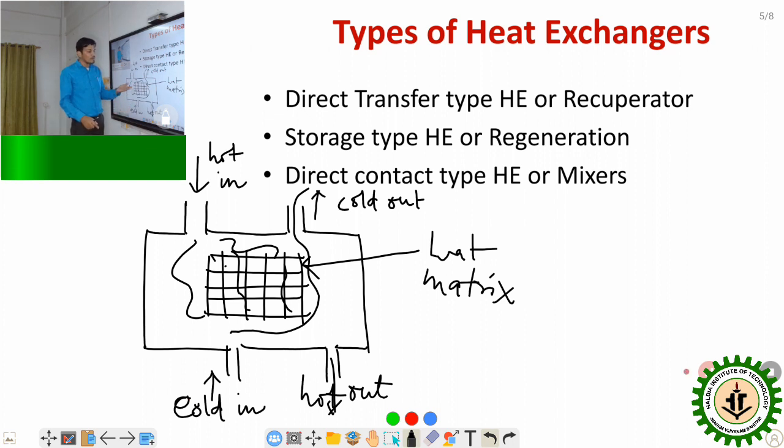The cold fluid passes in this way and exits through the exit port of the heat exchanger. As the heat is transferred to the cold fluid, the cold fluid becomes a little bit hot. In this way the heat gets transferred. This type is known as the storage type of heat exchanger, or also known as the regenerative heat transfer.